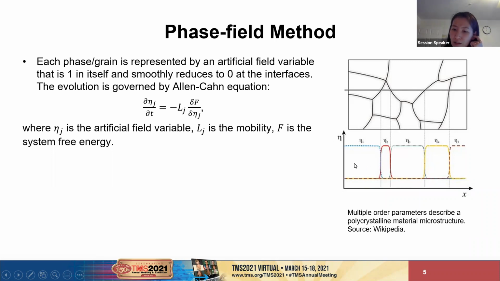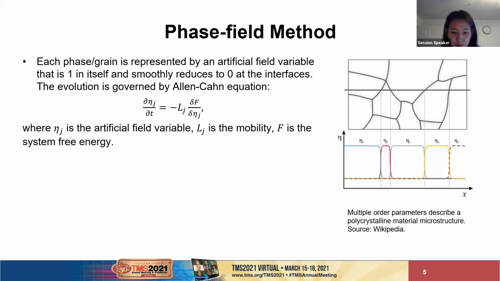So the evolution of the order parameter, or we can say the evolution of the grain growth or the phase transformation, is governed by the Allen-Cahn equation. This Greek letter eta represents the order parameter, L is the mobility, and F is the system free energy.